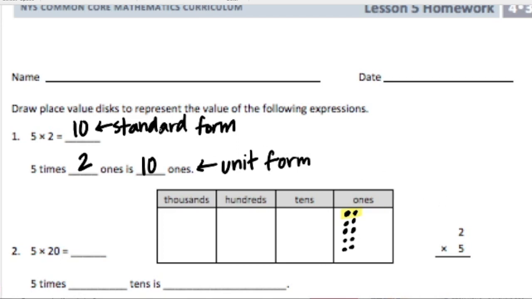Here they wrote it vertically, so this version up here would be horizontal, and this here is vertical, right? Up and down. 2 times 5 is 10.